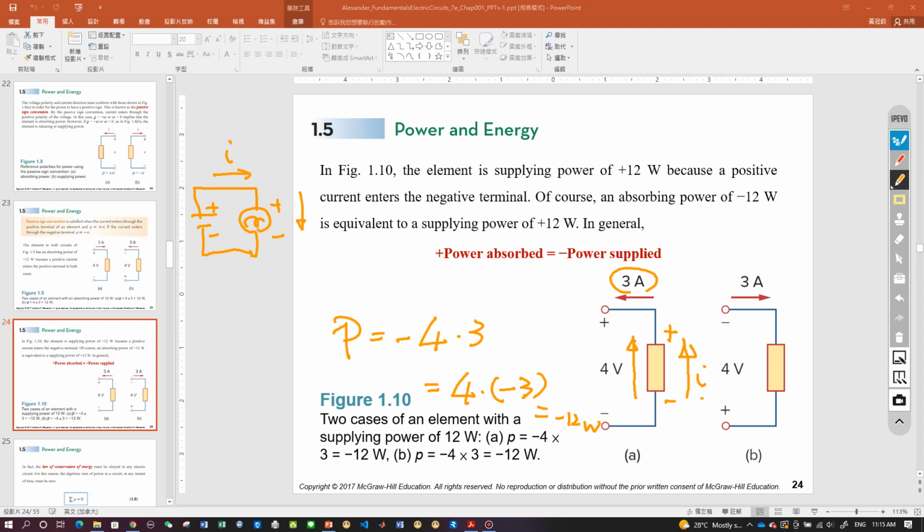So here, if we say that there is a P, for example, this is a lamp, there is a P. This is a battery.